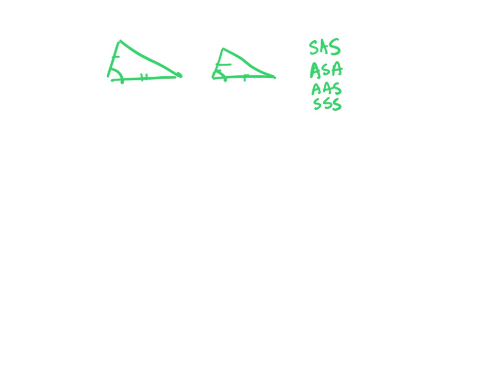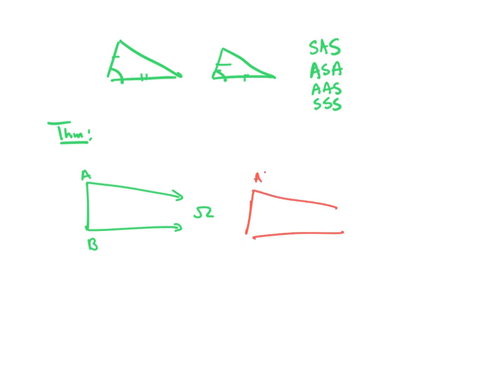So how do we prove that omega triangles are congruent? One theorem that we can use is, let's say we have omega A, B, and then we have some correspondence with A prime, B prime, omega prime. It turns out that if I can prove that these segments are the same, and one angle, doesn't matter which one, is congruent, that is sufficient to get that the omega triangles must be congruent.